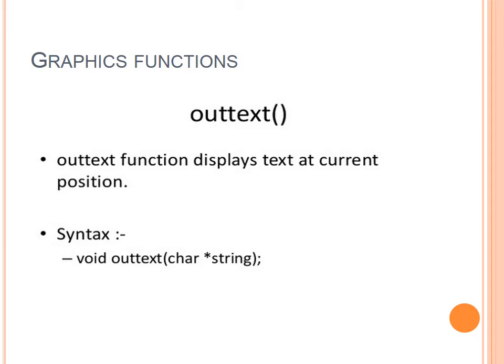Then outtext. By using the outtext function, we display text at the current position, and the syntax is void outtext(char *string); give the semicolon.